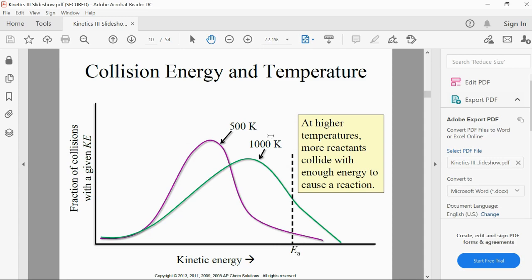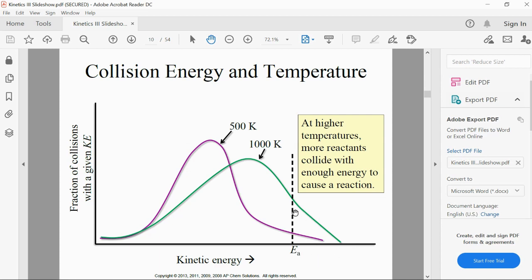If we increase the temperature from 500 to 1000 K, notice how this line pulls off to the right. Imagine if I took the end of this purple line and dragged it this way so that it aligned with the green. That's increasing kinetic energy. When I move it to the right, that's increasing temperature.